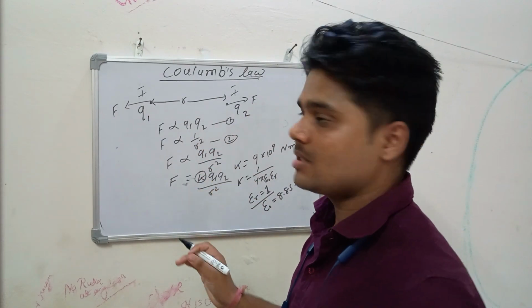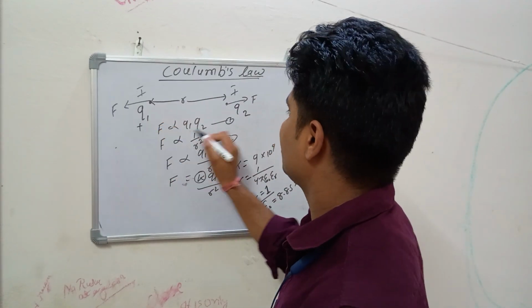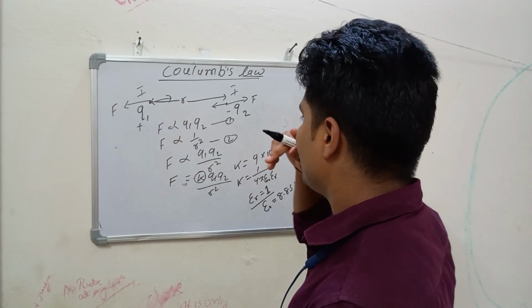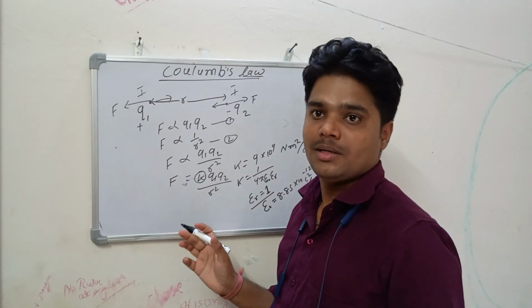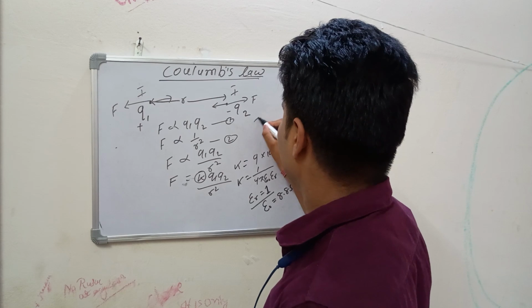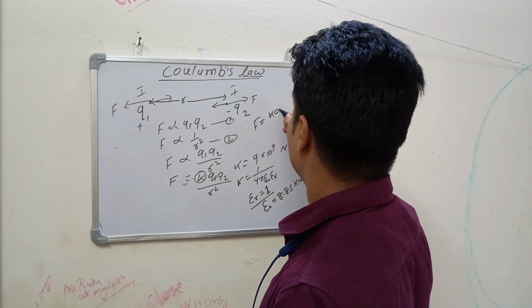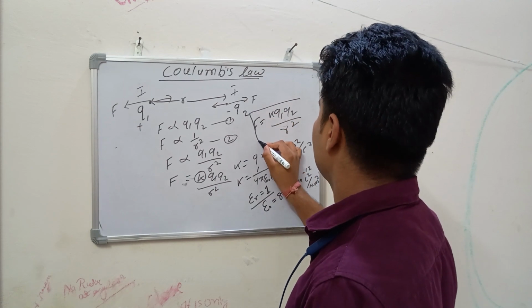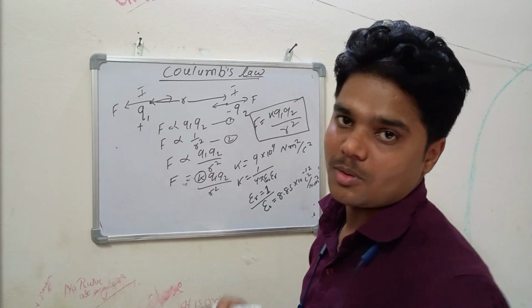And if the charges are of opposite sign, like plus minus, then they will attract each other. But the magnitude in both cases will be the same, F equals K Q1 Q2 by r square. This is the Coulomb's force formula.